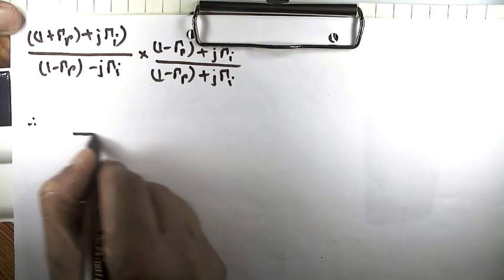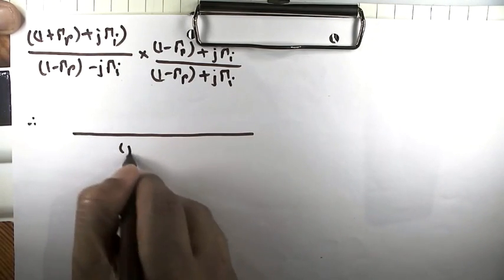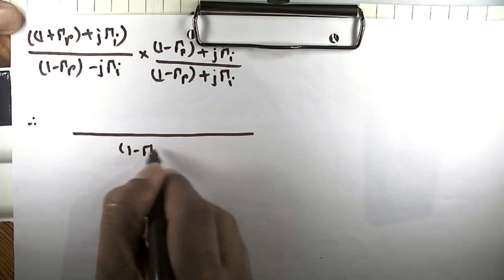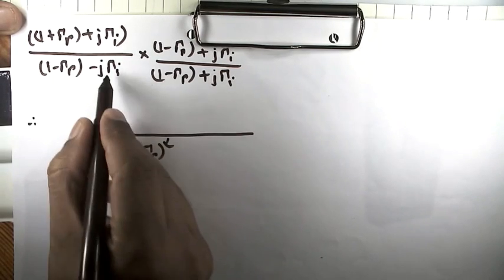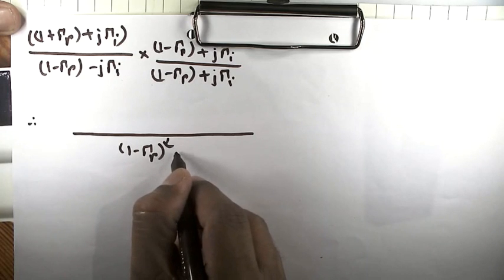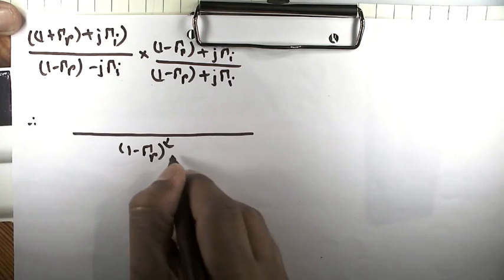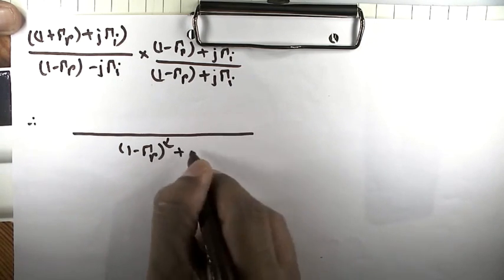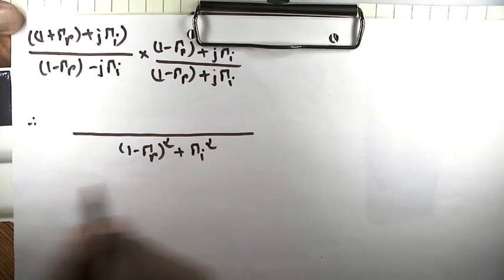So the denominator will become 1 minus sigma r whole square, and because j into j gives j square, which is minus 1, and minus minus becomes plus, we get sigma I square.